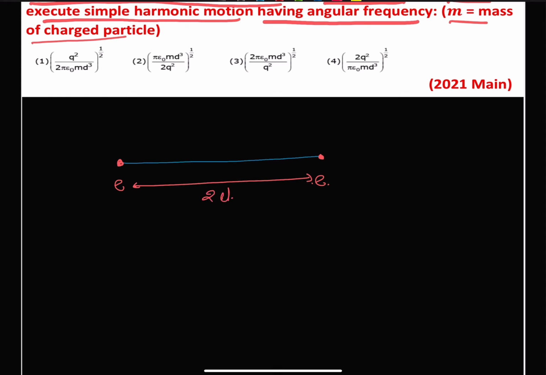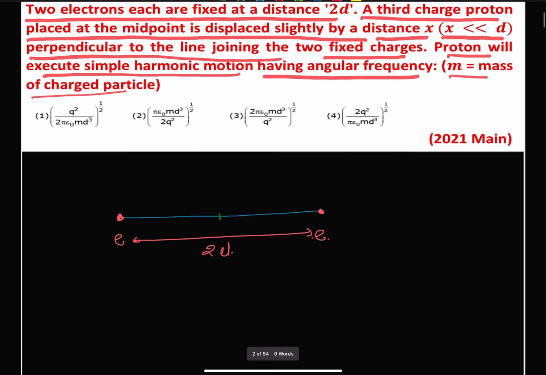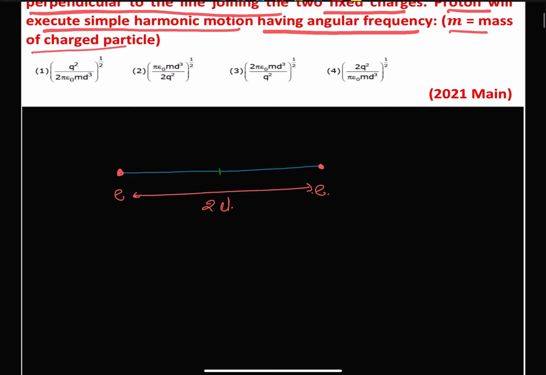A proton is placed at the midpoint and it is displaced by a distance of x, perpendicular to the line joining. So let us suppose this is our distance x by which it is displaced, and this is our proton.